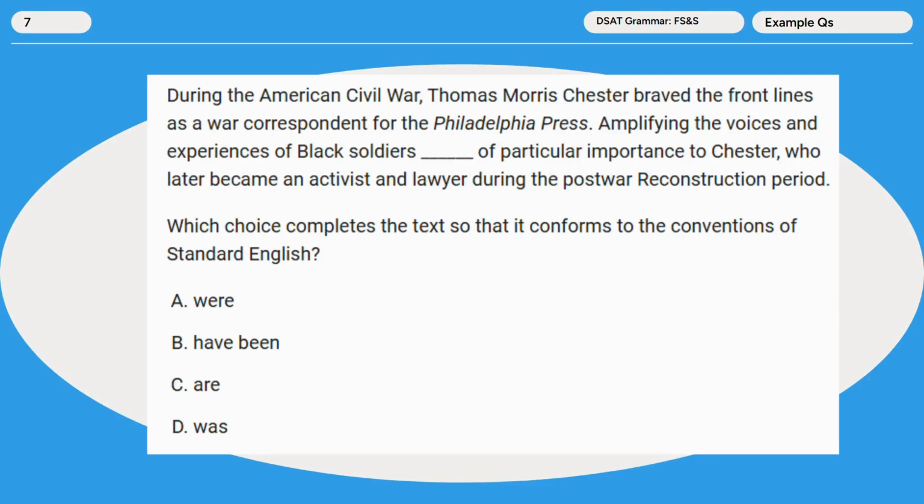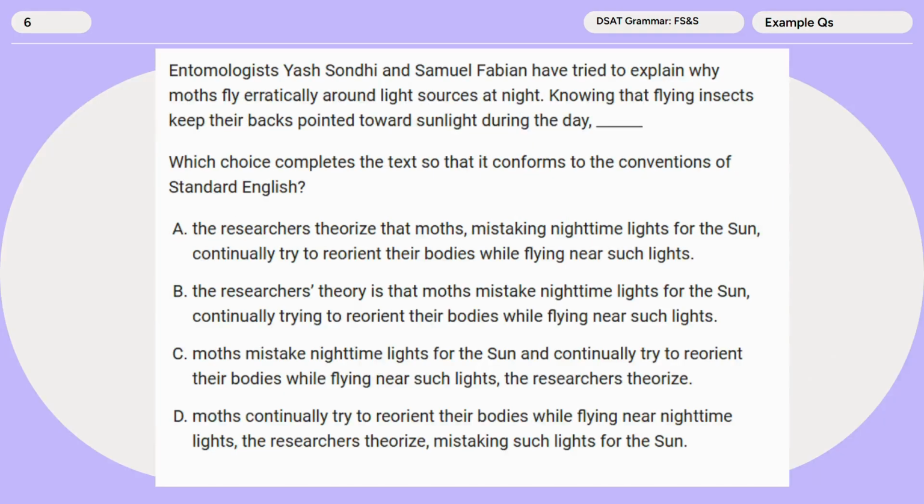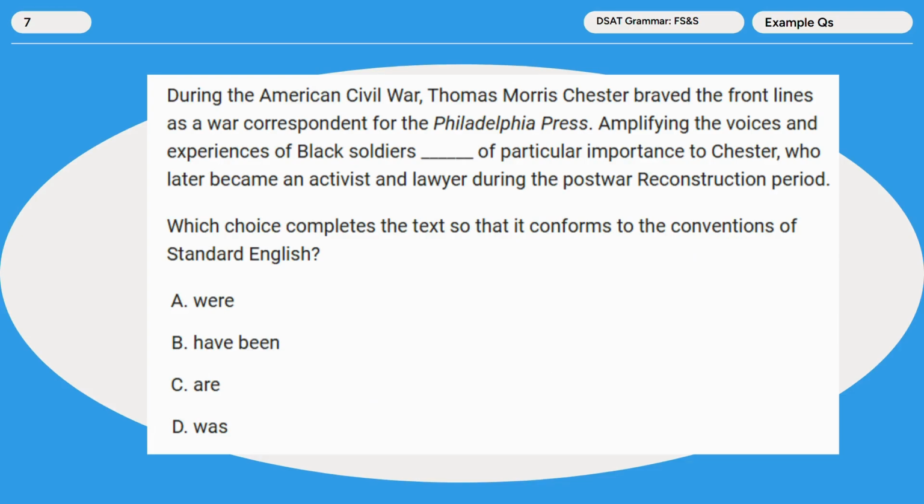In this next problem, we see a slightly different type of question. Whereas previously we were looking at modifiers and making sure that there are no dangling modifiers, in this question we're looking at the correct form of a verb in both tense and plurality.